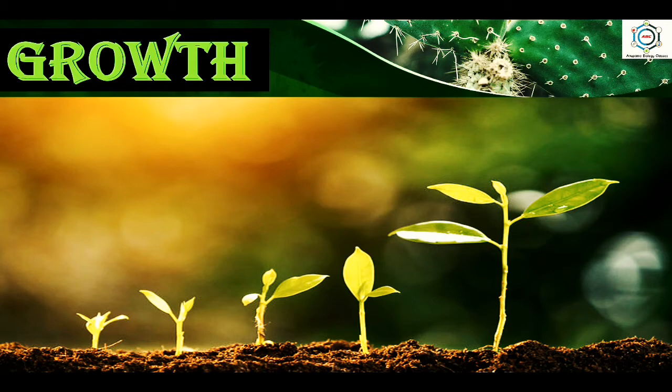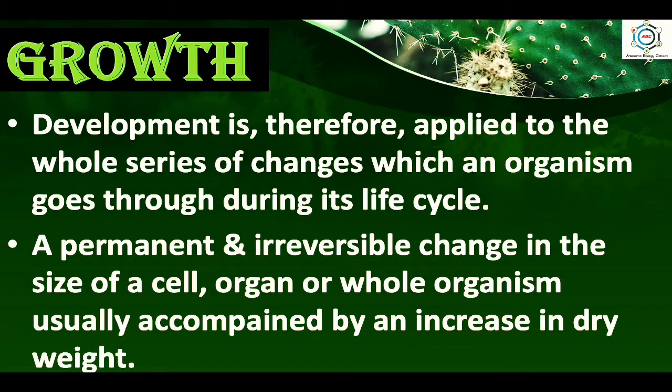So you know that a permanent and irreversible change in the size of a cell, organ, or whole organism, usually accompanied by an increase in dry weight, is known as growth. Though the definition given for this most complex process of growth is more nearly satisfactory, it does not account for the known facts about growth. Actually, no satisfactory definition for growth has yet been coined.